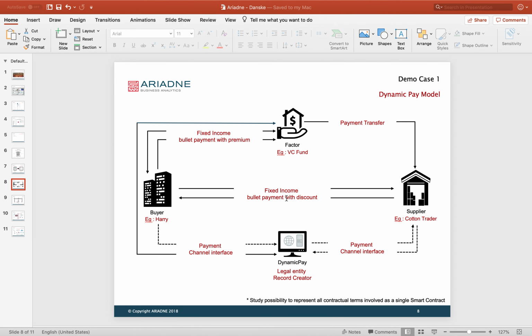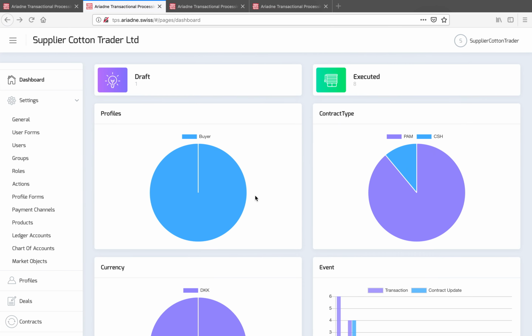The first part of the transaction is where a supplier is raising an invoice to the buyer. This can either happen as a full invoice settlement after 60 days or a discounted invoice that is payable today.